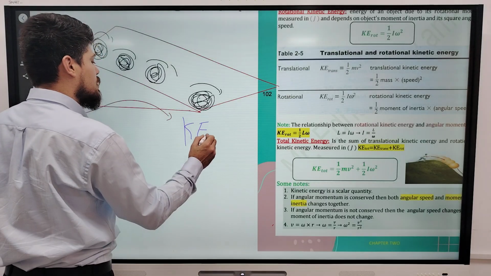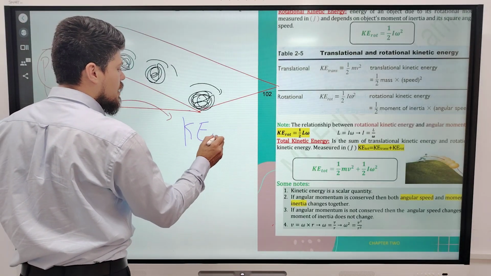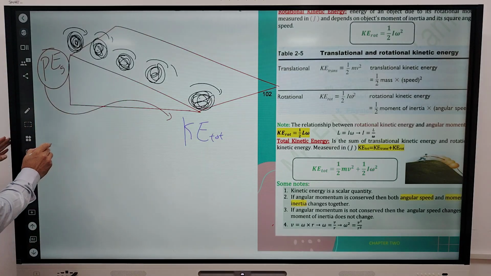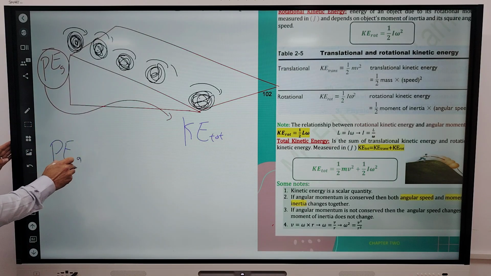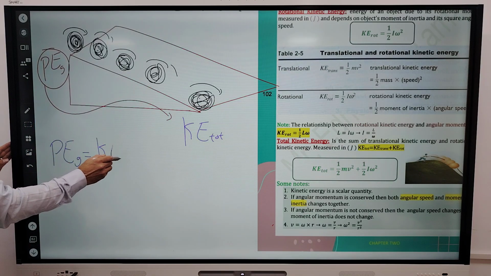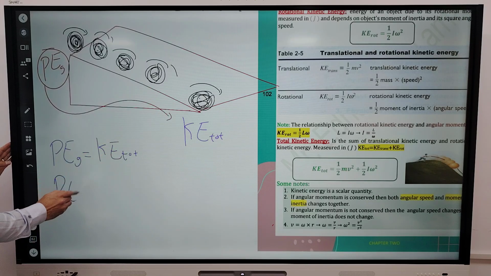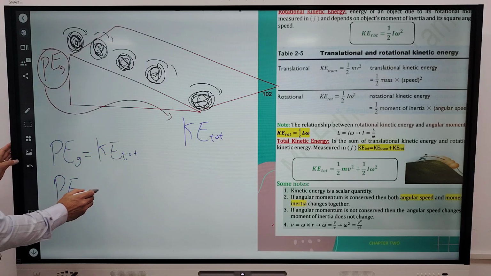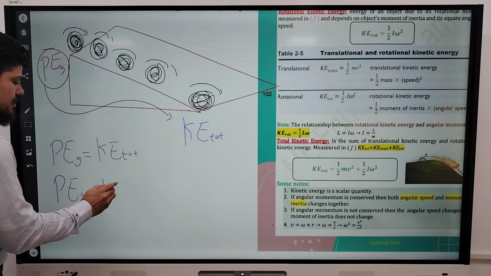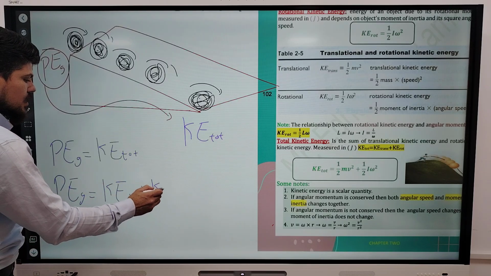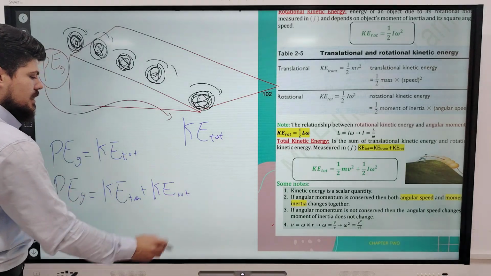Both of them. So that is why we have to write down total kinetic energy. All the gravitational potential energy is converted to total kinetic energy. So total kinetic energy is equal to the sum of translational kinetic energy and rotational kinetic energy.